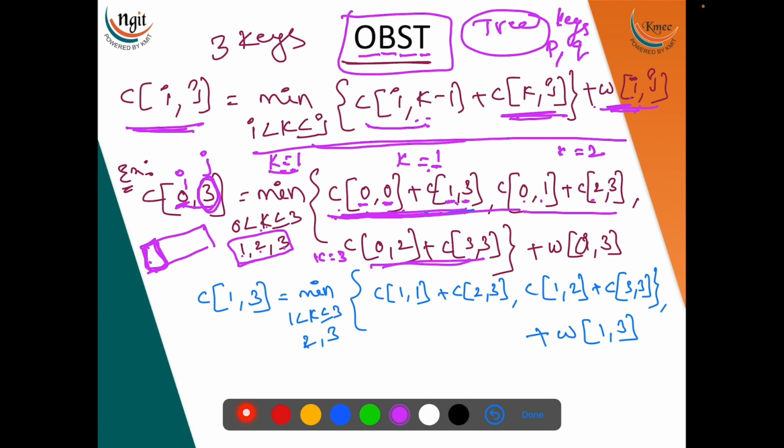Now, the other point is, we do have C 2 comma 3. If I want to get C 0 comma 3, I have to know C 3 comma 3, the upper value. I am at 0 comma 3, and to get the value of this, I should know the 1 comma 3 value, the 2 comma 3 value, and the 3 comma 3 value.